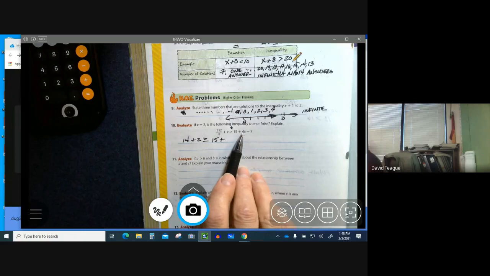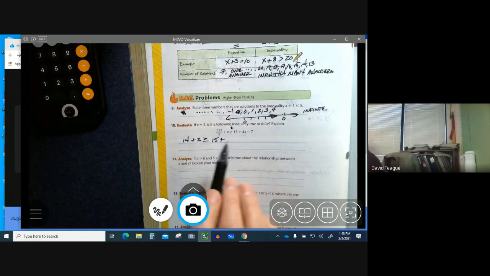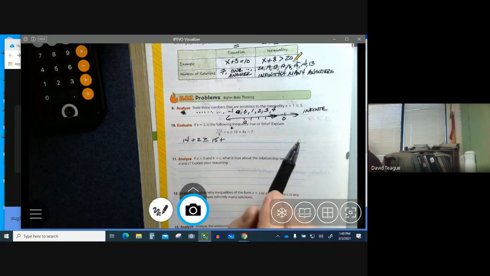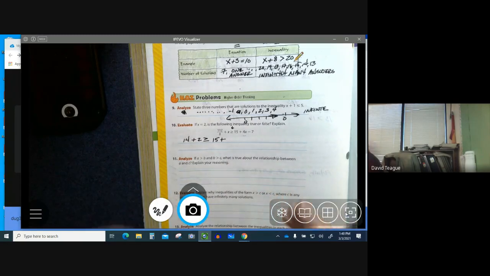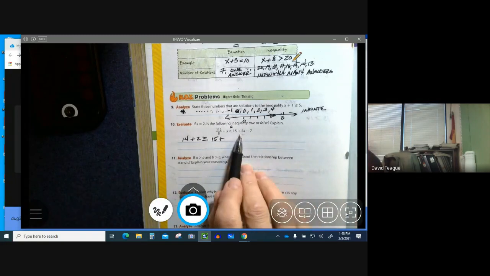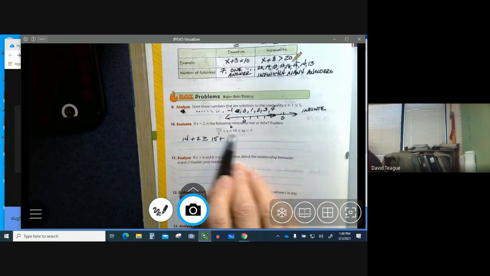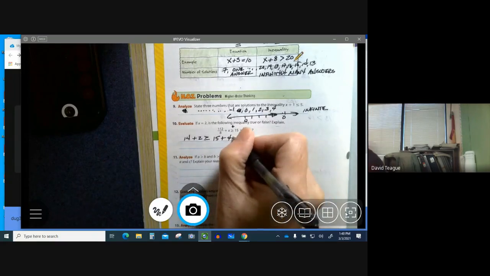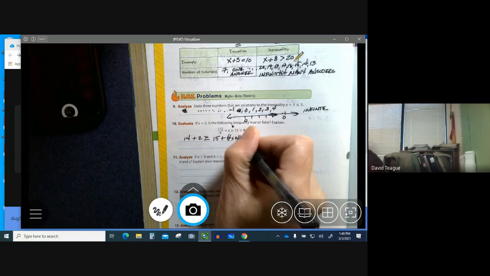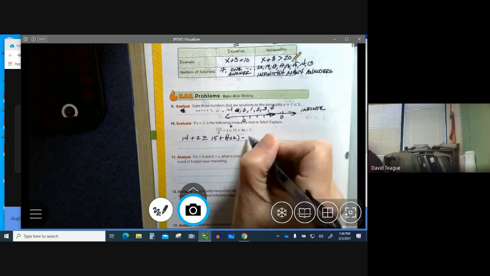So when you just see a number and an x, that's multiplication. Now, there are other situations in algebra where that means something else, but we're not there yet. But 4 times x, so if I rewrite it, that would be 4 times 2 minus 7.